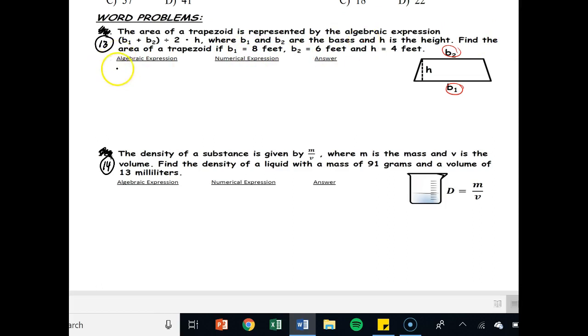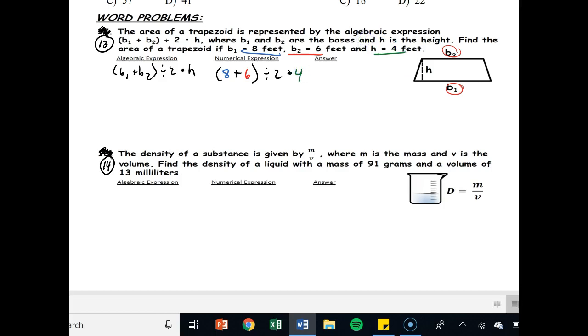So let's write our algebraic expression, b1 plus b2 divided by 2 times height. And now let's plug in. So b1 is 8, plus b2 is 6, divided by 2 times, and your height is 4.